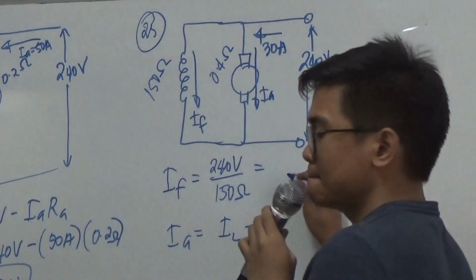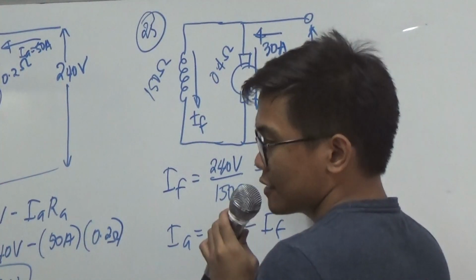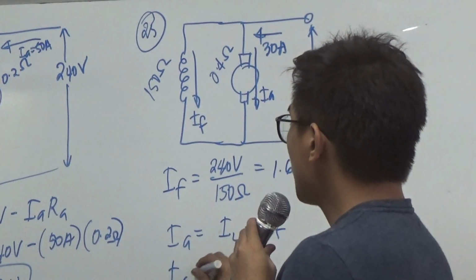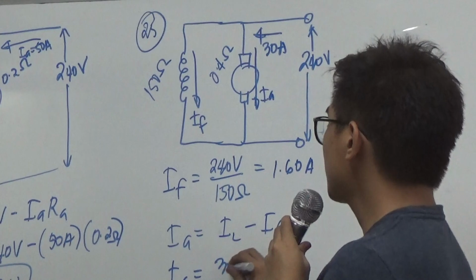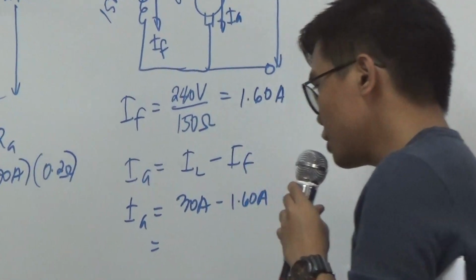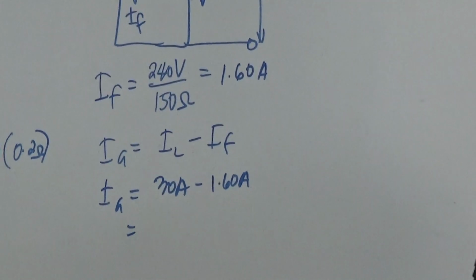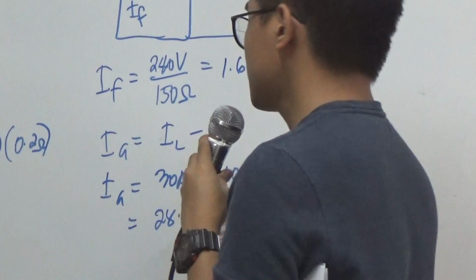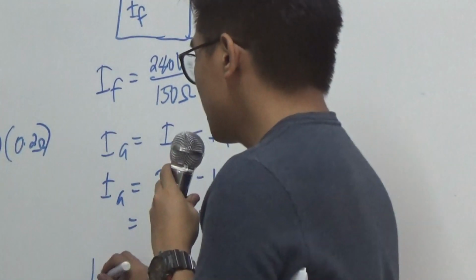IF? 1.6. Sakto? So IA is equals to IL minus IF, 30 amps minus 1.60 amperes. So 30 minus 1.6, 28.4 amps. Then kunin natin si back EMF.